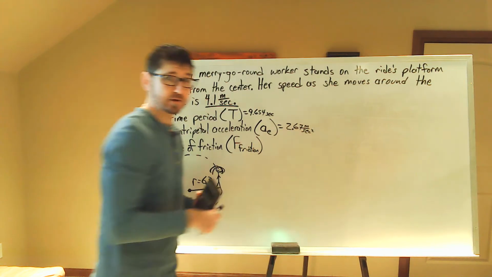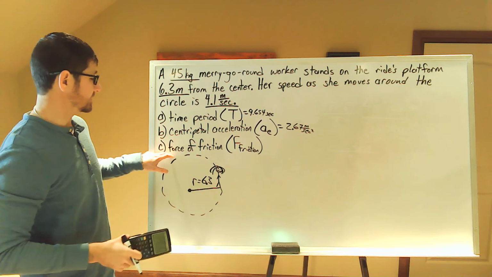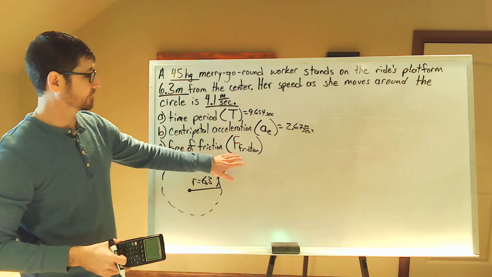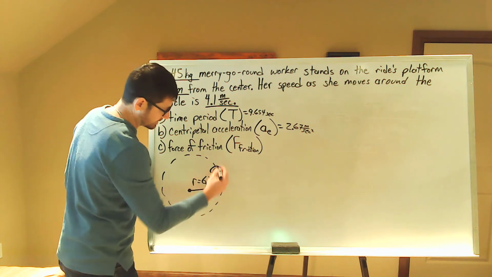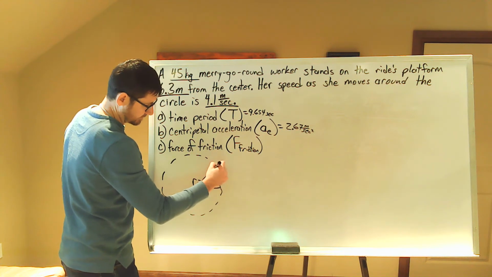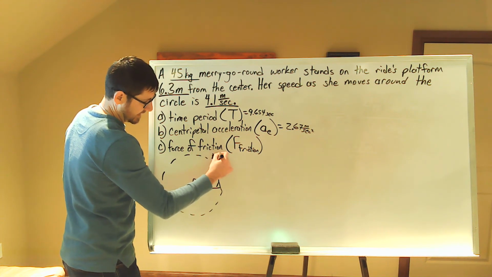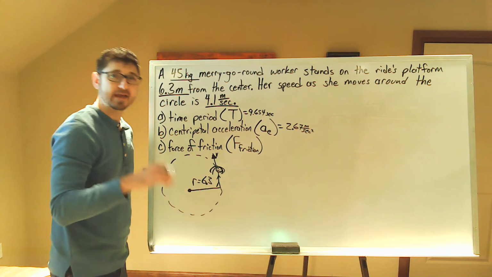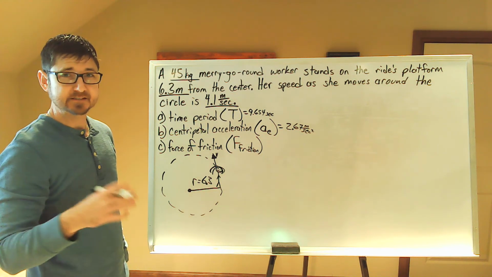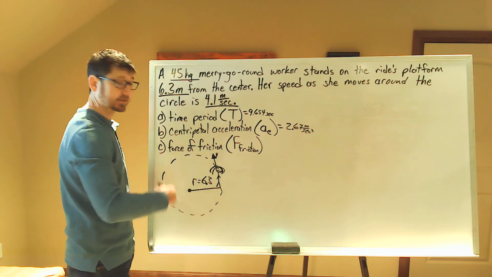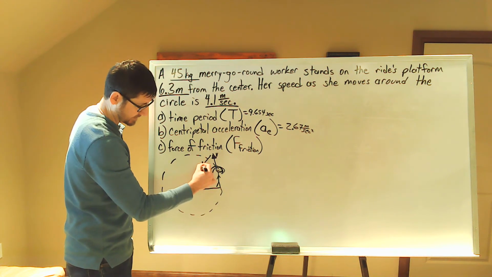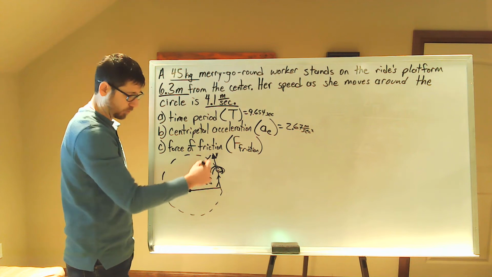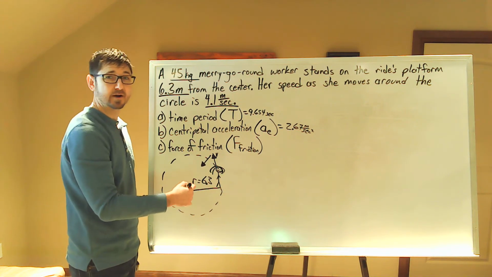Now, let's take a look at part C. Part C wants us to calculate the force of friction. Okay? So, we know that the velocity vector is tangent to the circle, but we have a net force that is applied to an object that keeps it in uniform circular motion, because this net force vector is pointing to the center of the circle.